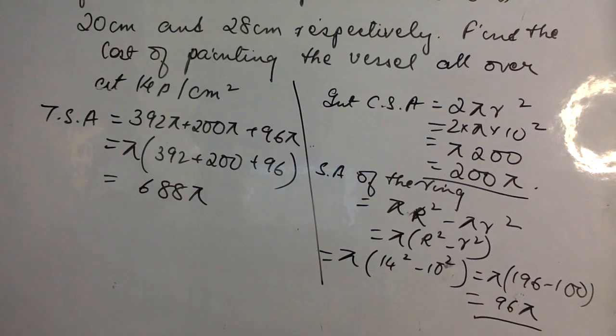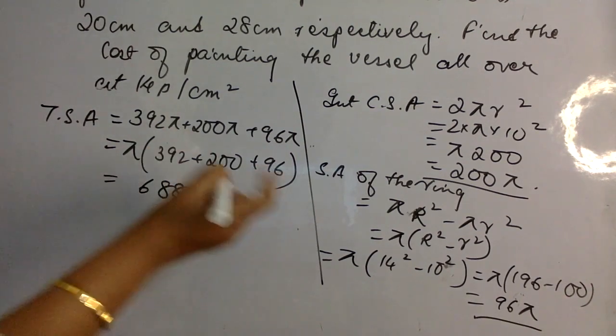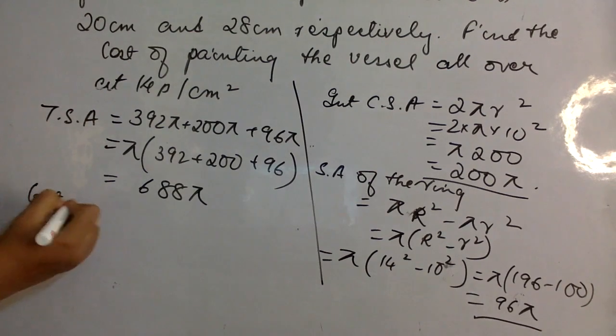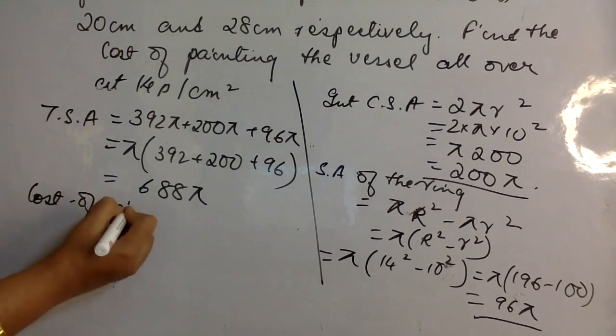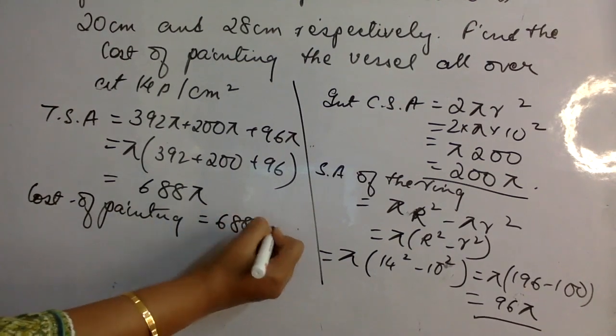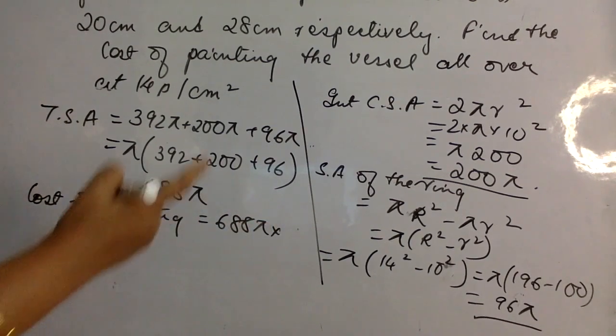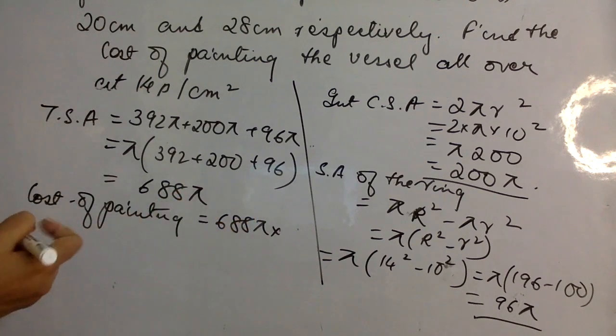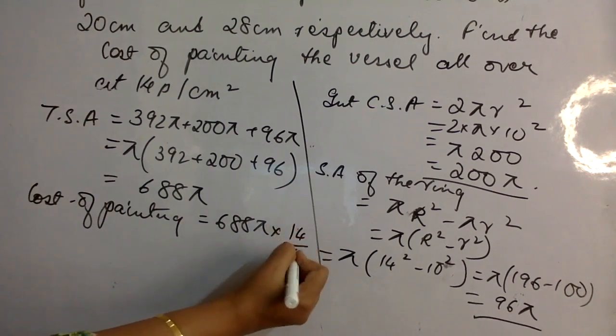If it is 688 pi, the cost of painting it, cost of painting is 688 pi into 14 paise per centimeter square. So first let us convert paise to rupees.